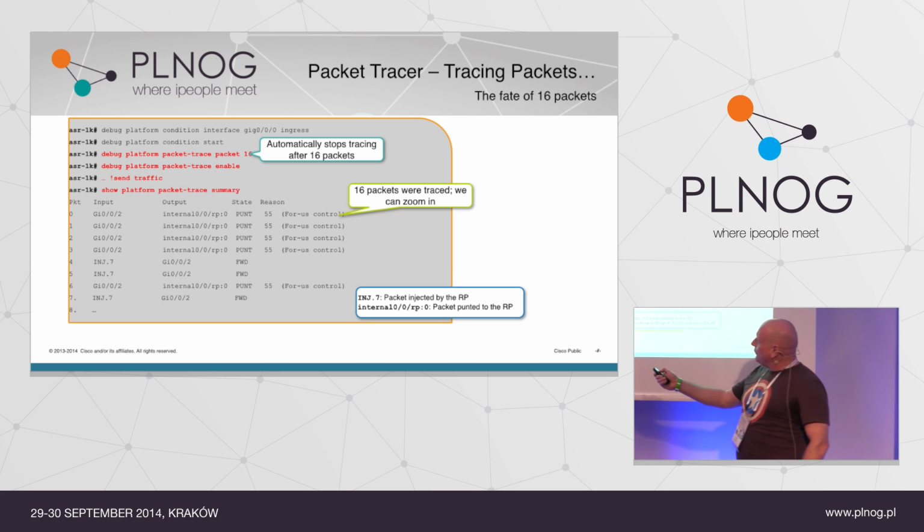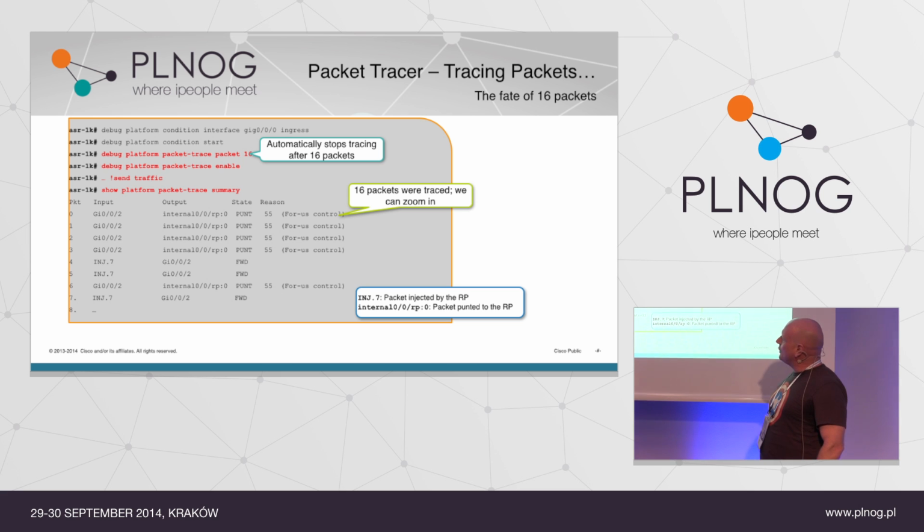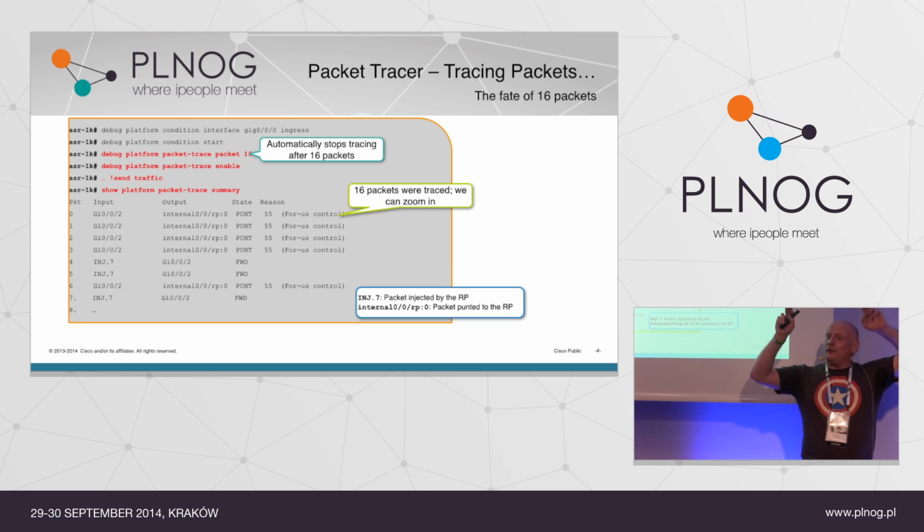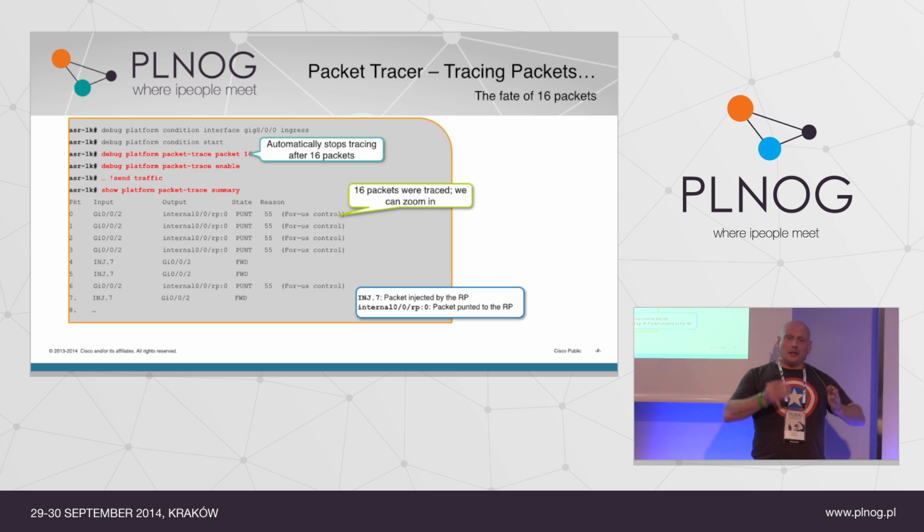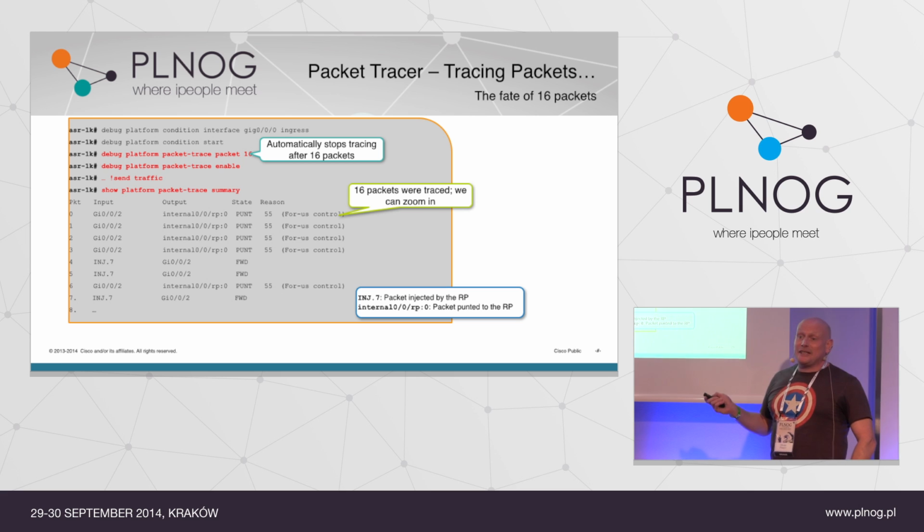I know that we had a few packets that arrived from gigabit 002 towards a weird interface, internal 00 RP0. That's basically the view of iOS from the QFP. It knows that that's the RP. And then the most important is the state. Punt. It's traffic that got punted, and the reason is for us control.